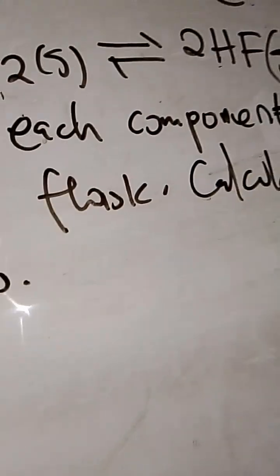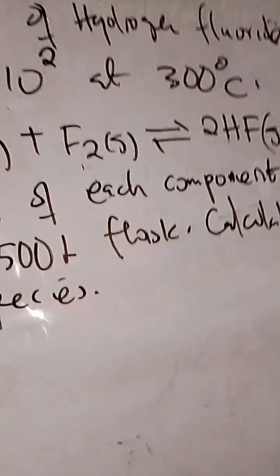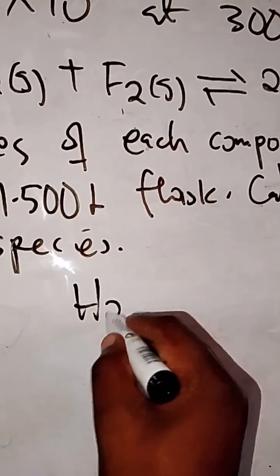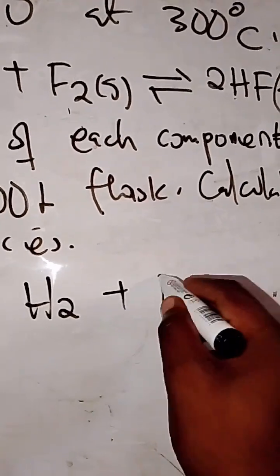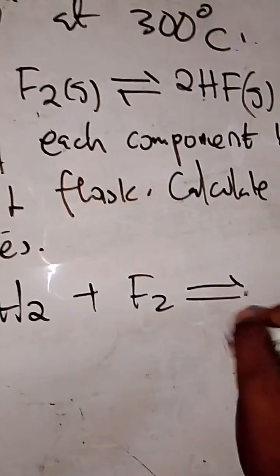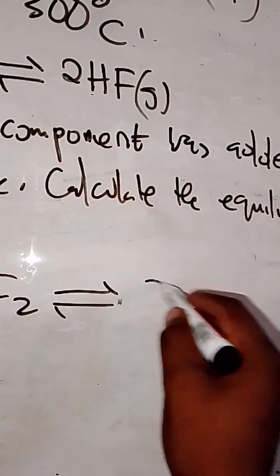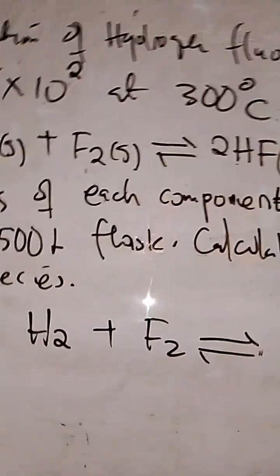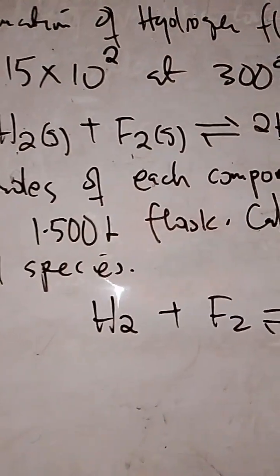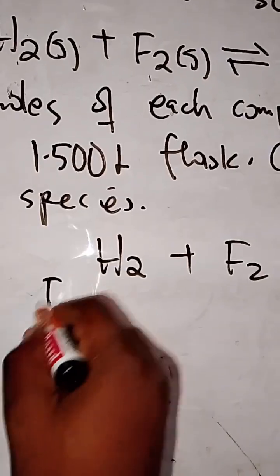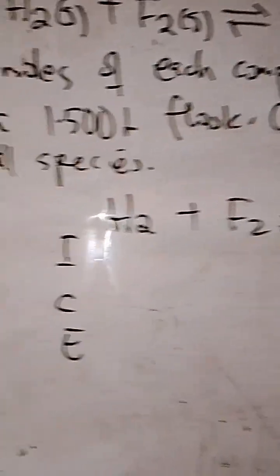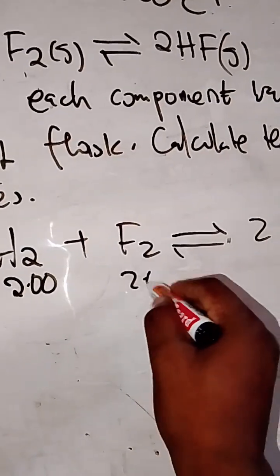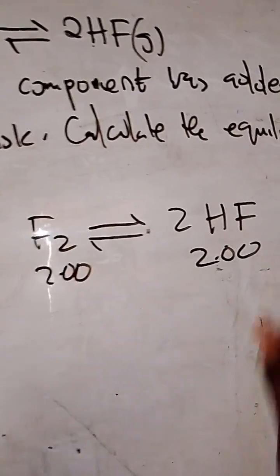So now let's calculate the equilibrium concentrations. We can write the equation: hydrogen plus fluorine forms hydrogen fluoride. Okay, so we have ICE. I is 2.00, 2.00, 2.00.